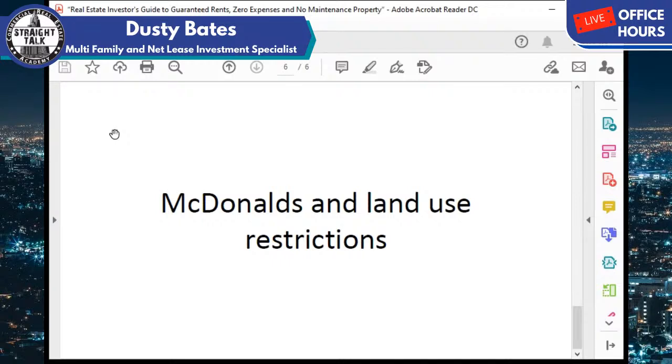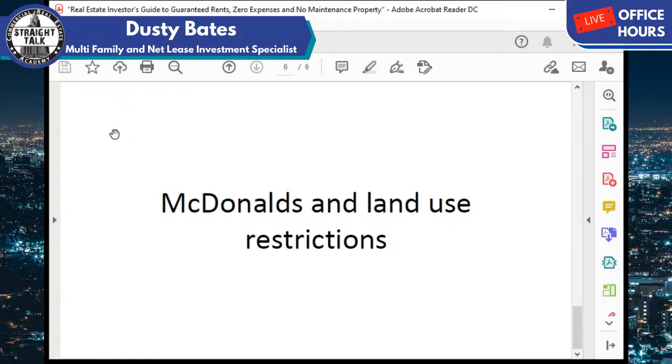McDonald's has a practice where they'll sell a building and go down the road to a better location, but they'll put some restrictions on the land use that the buyer can do. It has to go along with the chain of title.